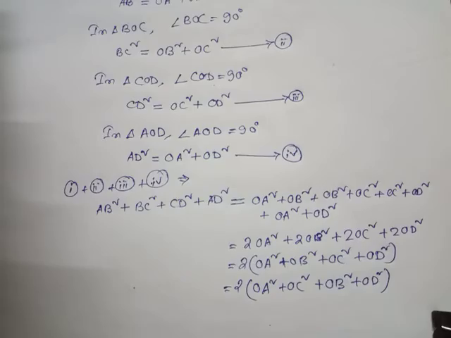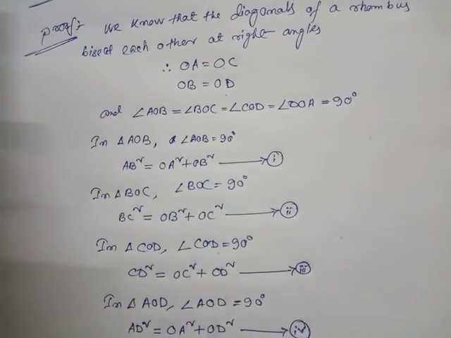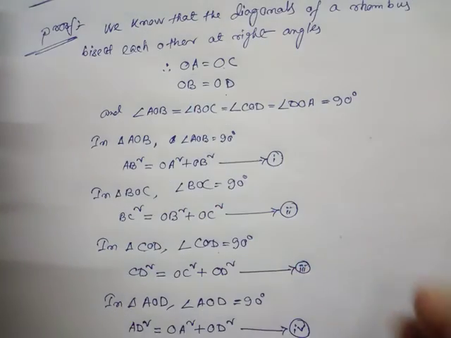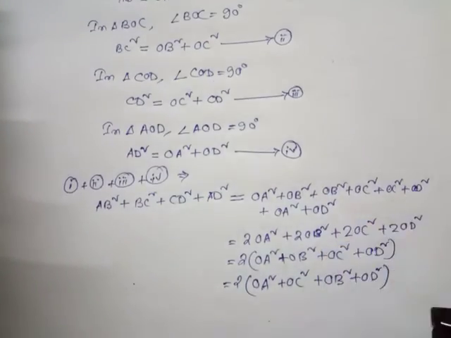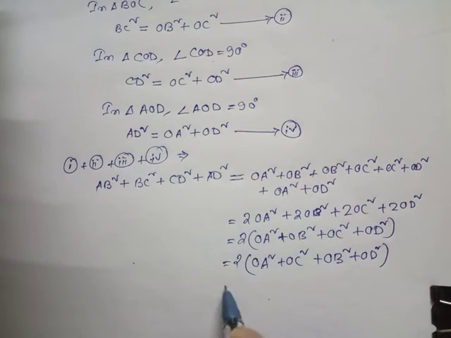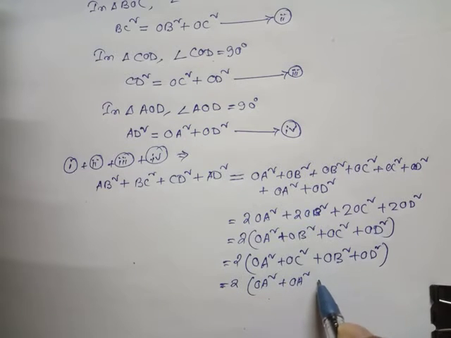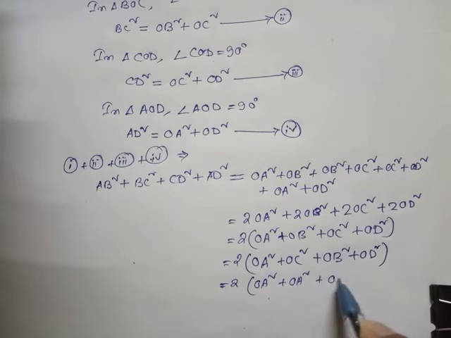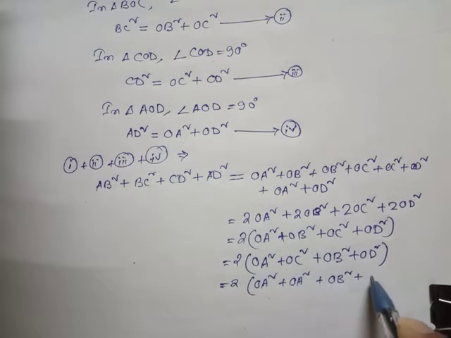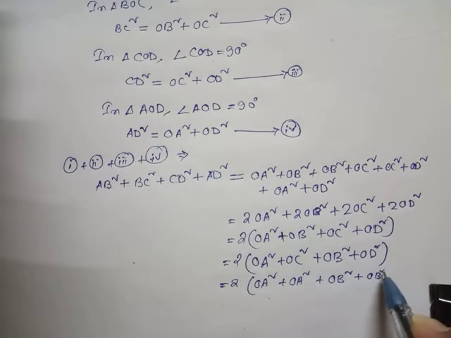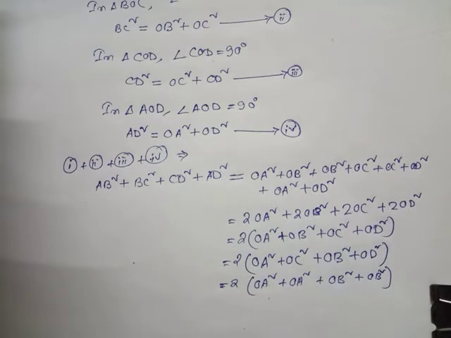So look again, OA equal to OC and OB equal to OD. So students, in place of OC I can write here OA square, and there is OB square. So in place of OD we can write here OB square, since OA equal to OC and OB equal to OD.